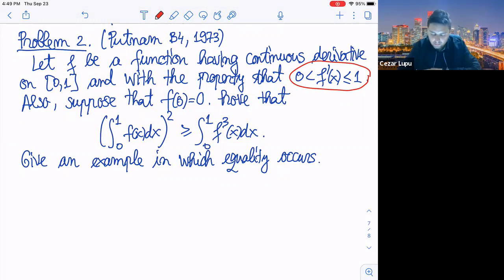We have a condition about the derivative being between 0 and 1. We also have this condition that f of 0 is 0, right?